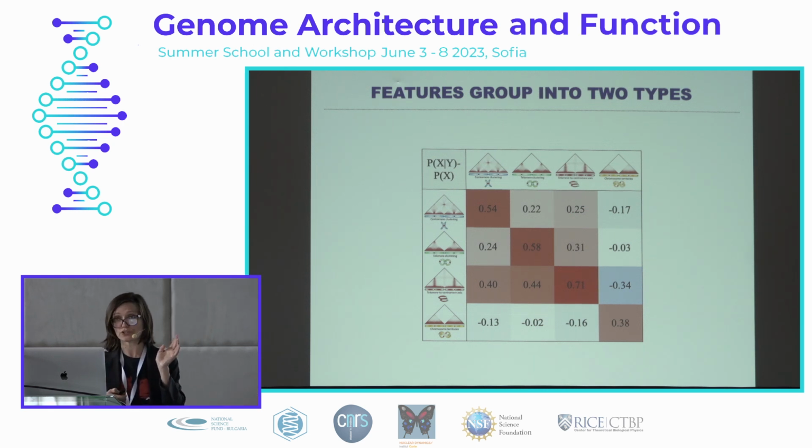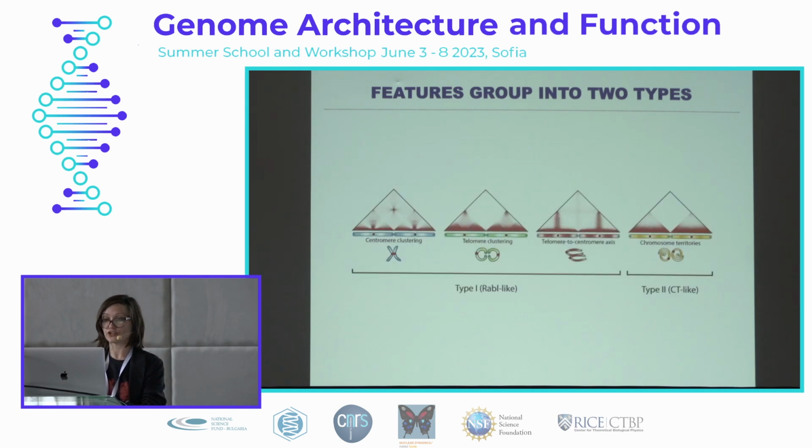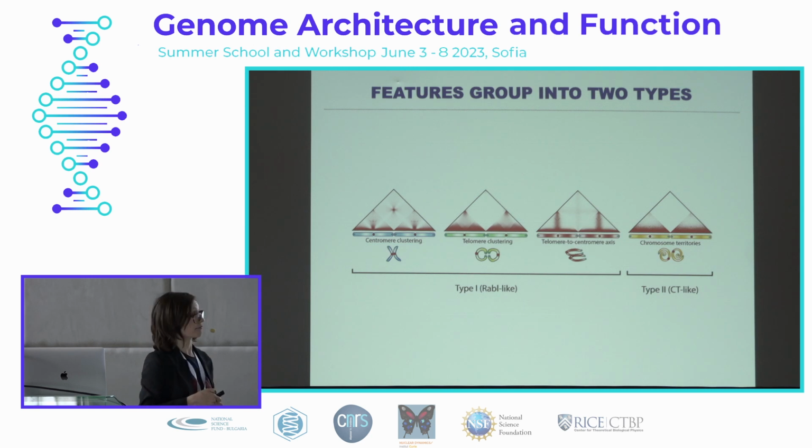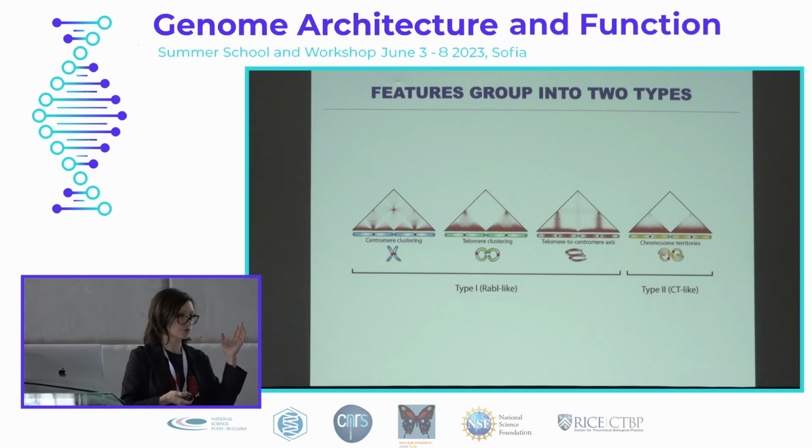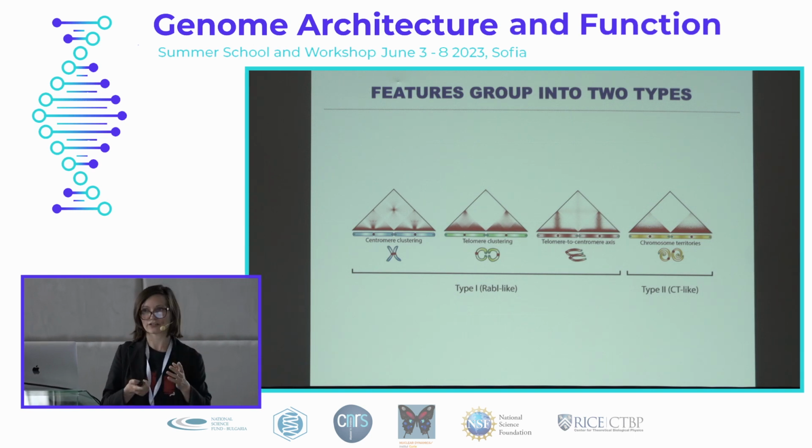So what we should really be talking about based on this is not four different features, but rather two different types. One type is in microscopy usually referred to as Rabl-like architecture, and the other is the chromosome territory type architecture. And it seems that across the tree of life there is just switching between the one and the other. It's not entirely clear what's going on.